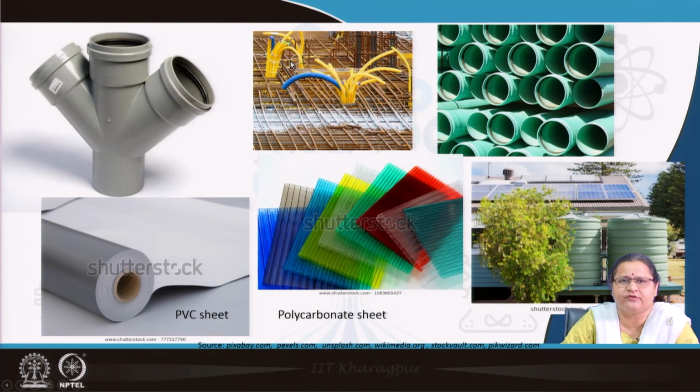So you see reinforcements and you see a number of pipes coming out. So these will be the carriers of the electrical wires. Here you see another sheet form, that is polycarbonate sheet.